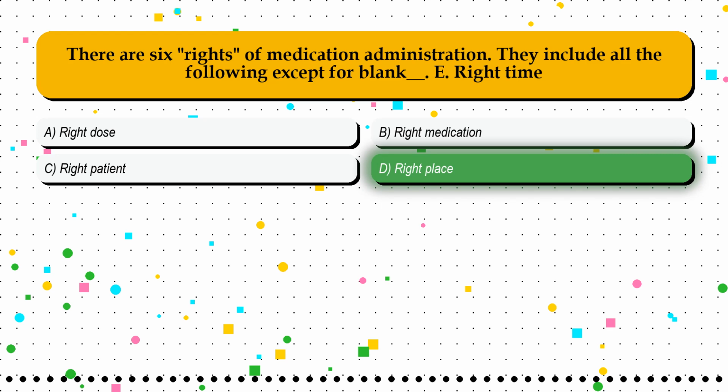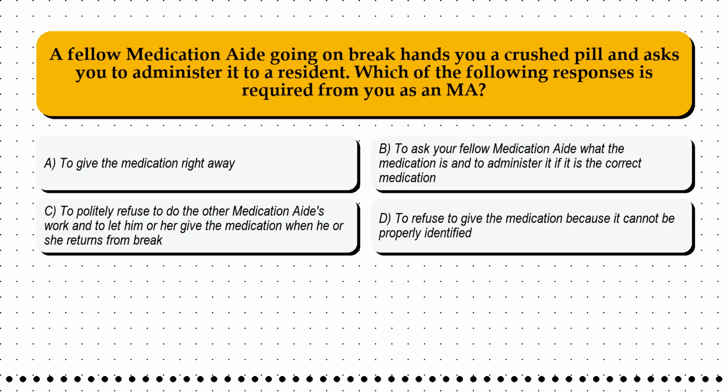Right place. Question 11. A fellow medication aide going on break hands you a crushed pill and asks you to administer it to a resident. Which of the following responses is required from you as an MA? Option A. To give the medication right away. Option B. To ask your fellow medication aide what the medication is and to administer it if it is the correct medication.